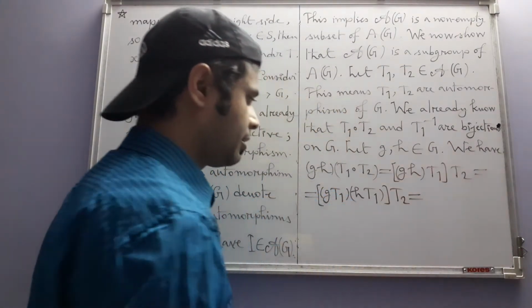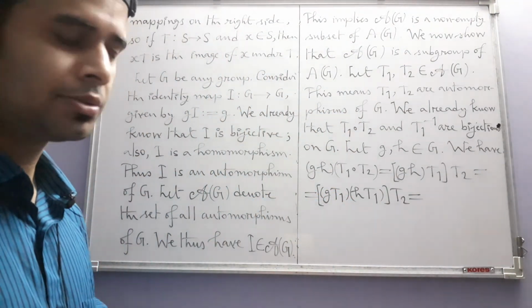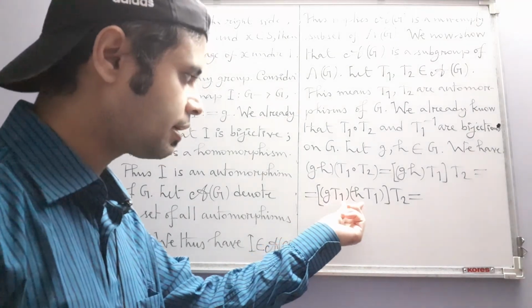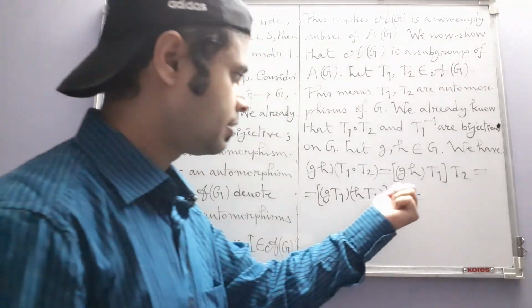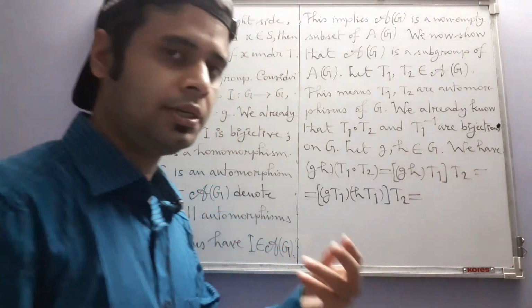Again, because T2 is also a homomorphism of G and GT1 and HT1 are again in G. Why are they again in G? That is because T1 maps G into itself.